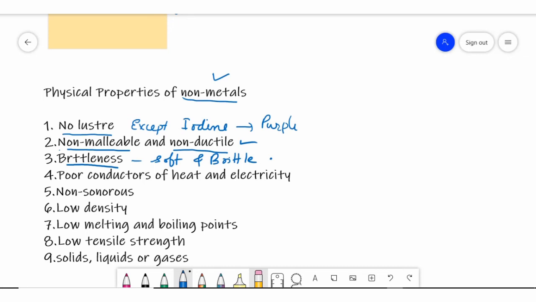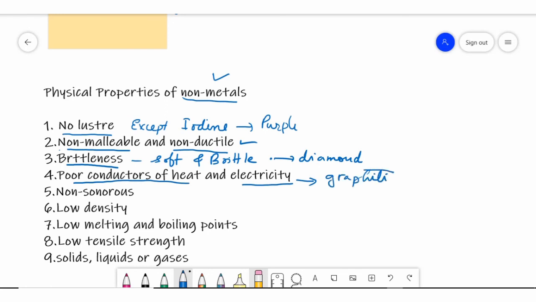Here we have one exception, that is diamond. Diamond is actually an allotrope of carbon and is the hardest substance known. And non-metals are usually poor conductors of heat and electricity except graphite.